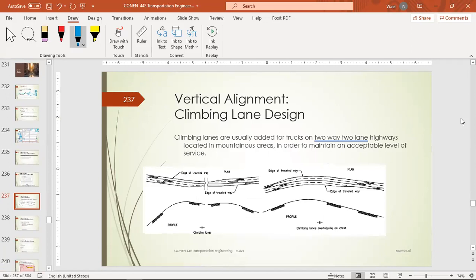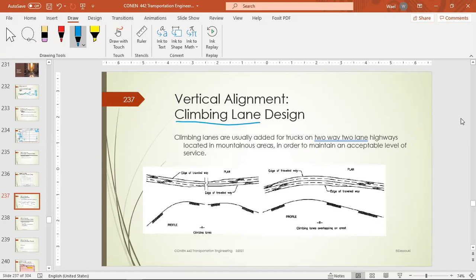Due to this impact on the speed, usually in the vertical alignment, we create what is called a climbing lane. What's the purpose of the climbing lane? Climbing lanes are basically for trucks, because as we mentioned before, the impact of the grades on trucks is more pronounced.